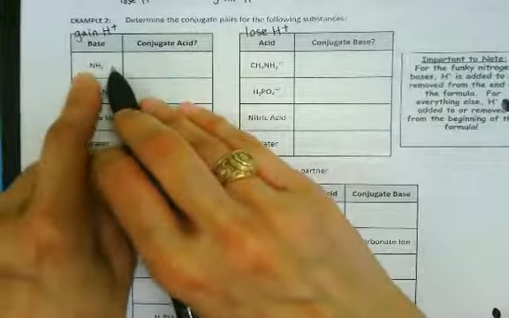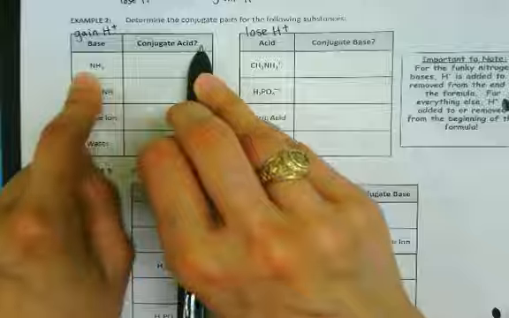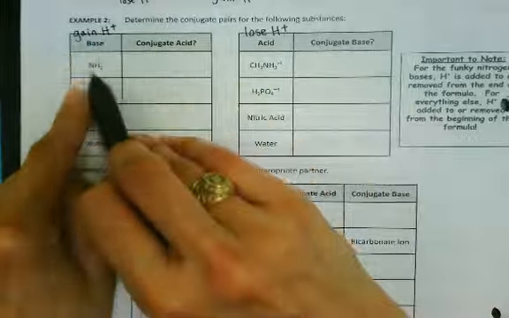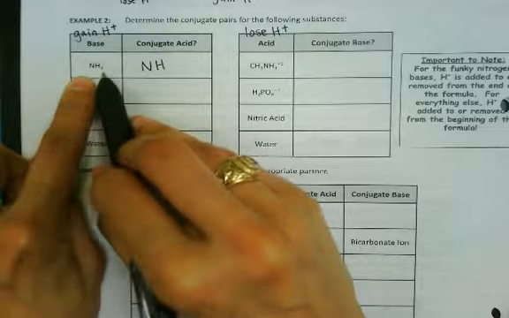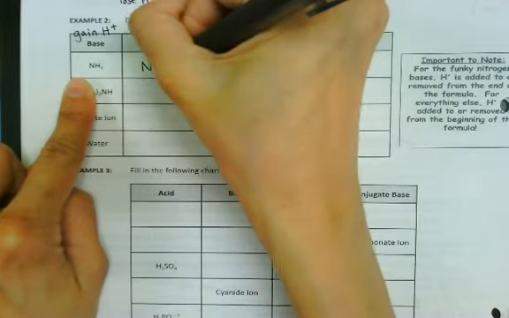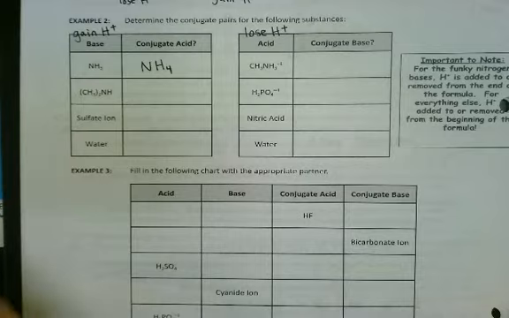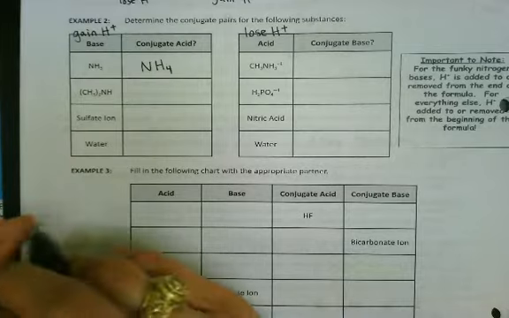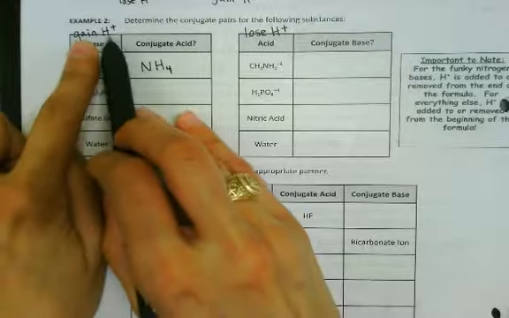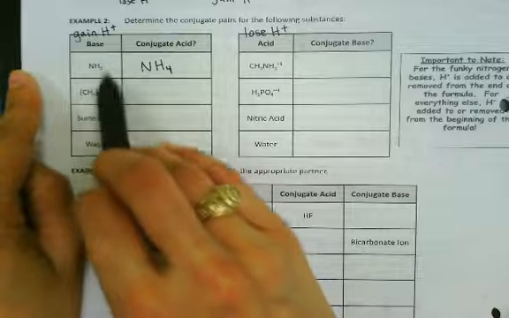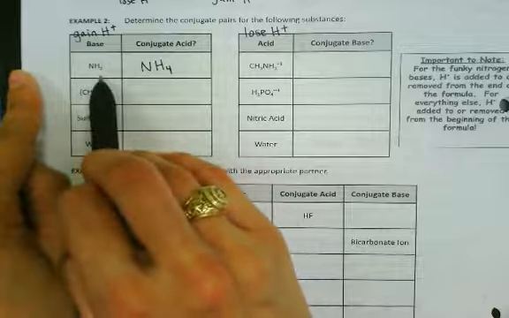So our base here, to figure out the conjugate acid, we're going to have to add another H. It's going to go from NH3 to NH4. The other thing we have to consider when we start adding or getting rid of protons in a substance is the charge. We have now added 1 more positive charge, so what is the charge on NH3 right now?